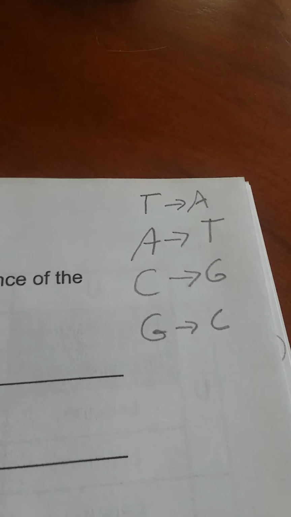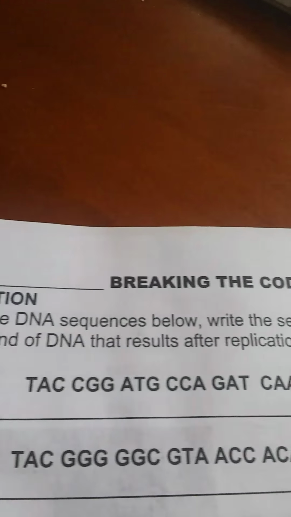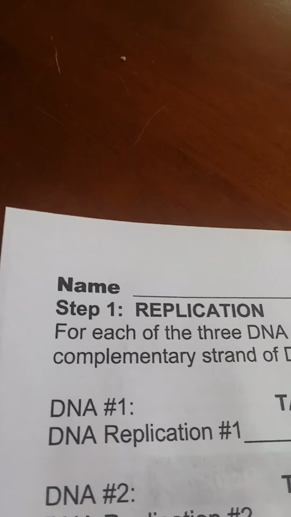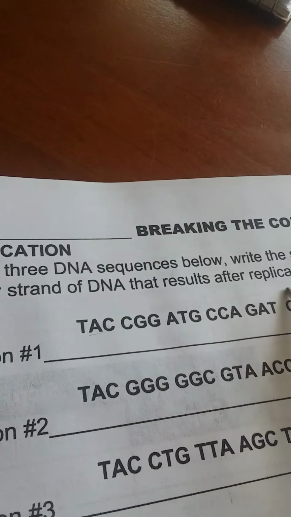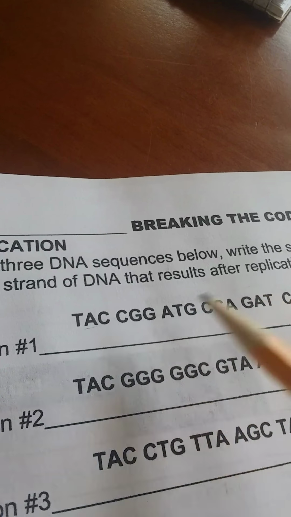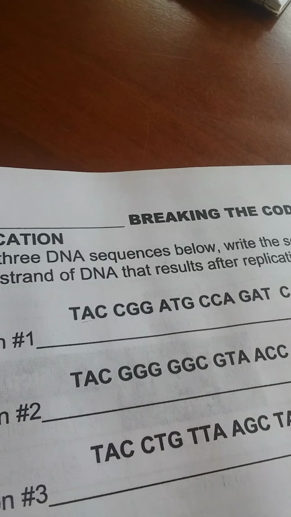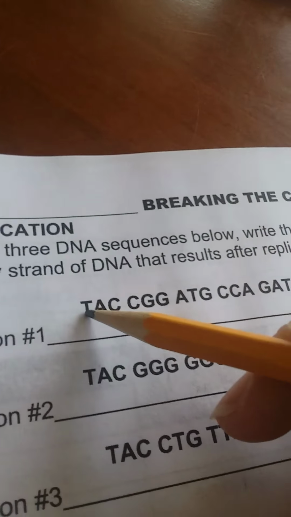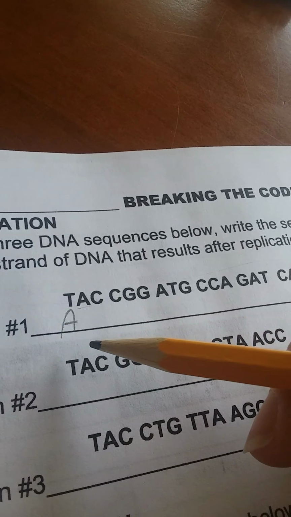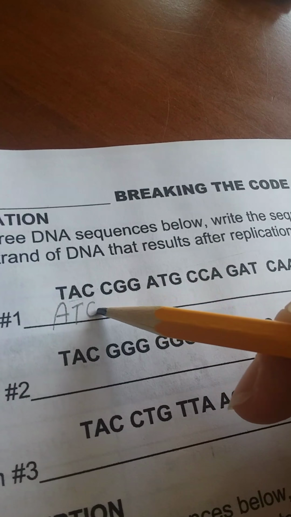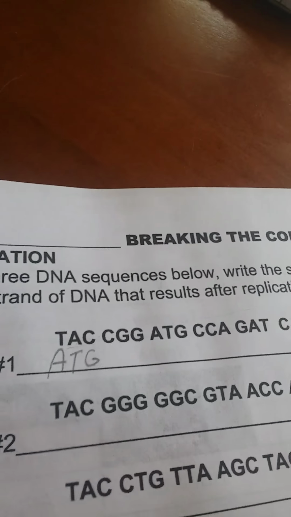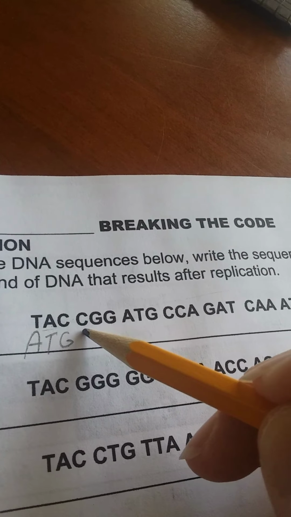So if that's the rule, we're just going to follow it. This is DNA strand number 1. And what you're seeing is it's giving you half of that strand, like the top half. And you're just going to match bases for the bottom half. So T goes with A. A goes with T. C goes with G. I'm going to just keep following the rule.